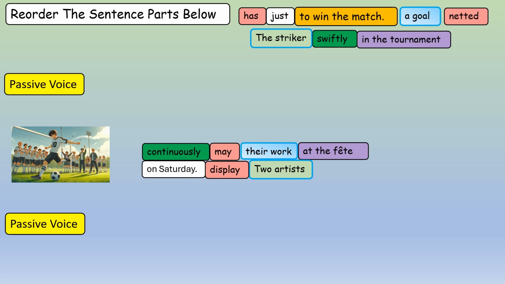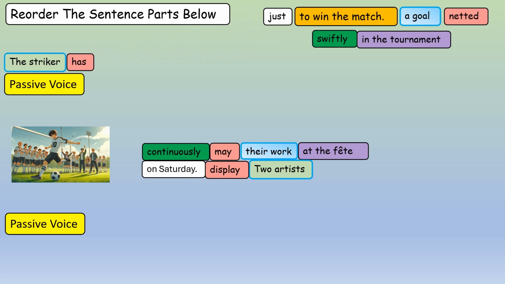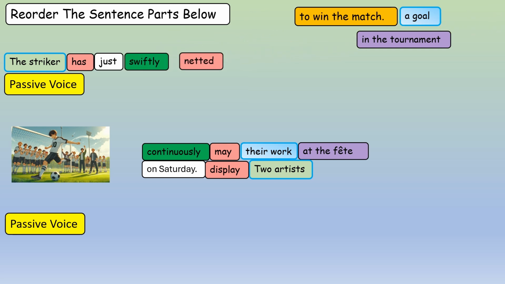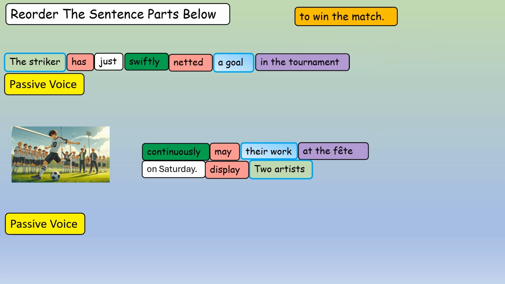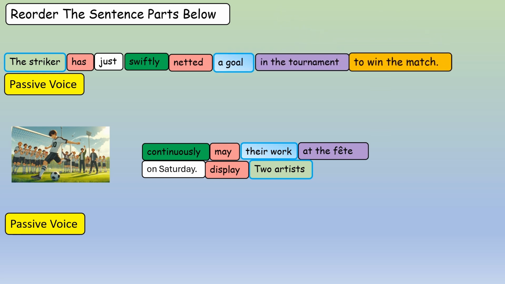Reorder the sentence parts below. You can stop the video here when you have the whole slide as it is now, and first try it out yourself and then play forward so that you can compare with what you have done. So we need a subject. The striker has just swiftly netted a goal in the tournament to win the match.